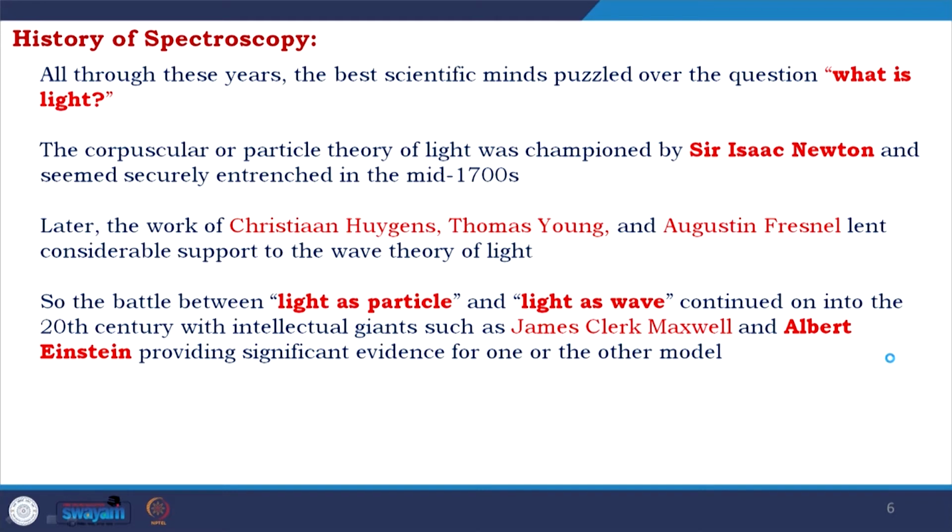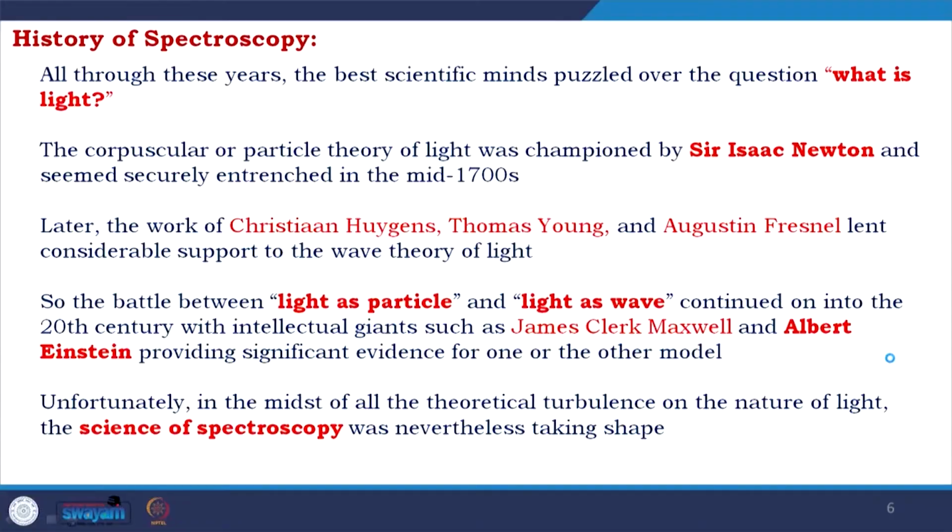So, it took really a long time for scientists to come to an agreement, from other parts of our discussions and all in physics, on the theory of light as wave and particle duality. But unfortunately, in the midst of all the theoretical turbulence on the nature of light, the science of spectroscopy was nevertheless taking shape.